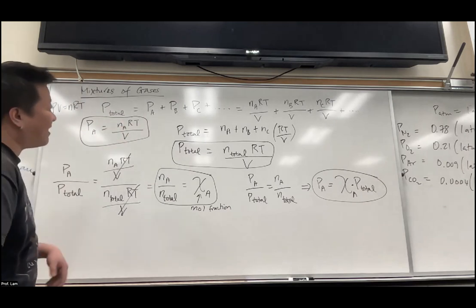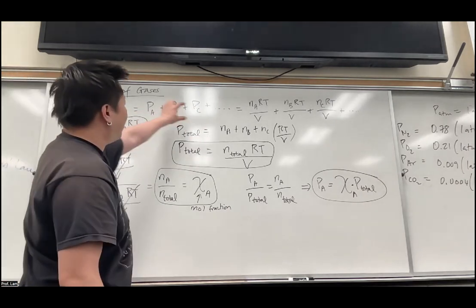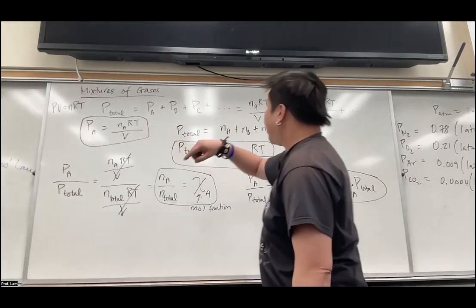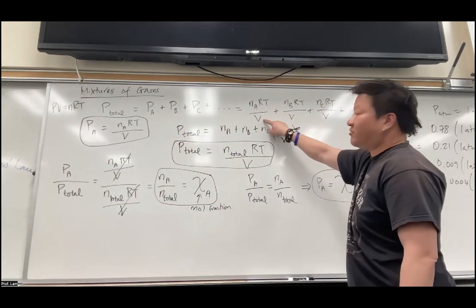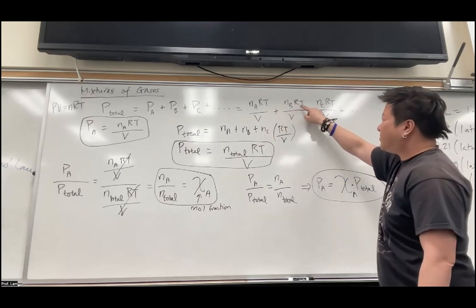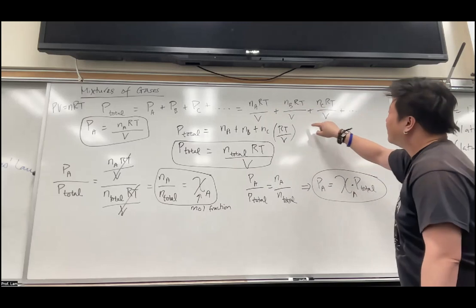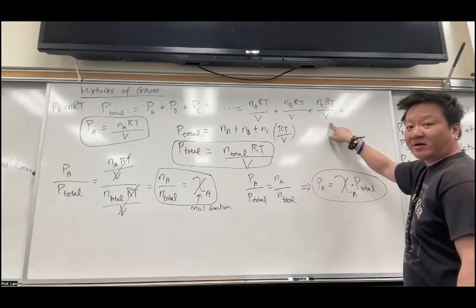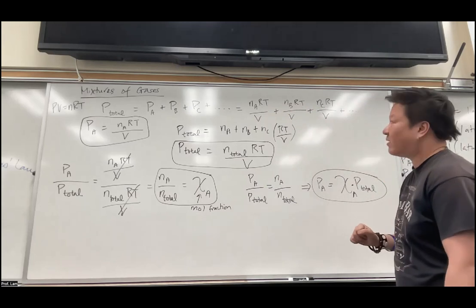Okay, so once we have that, we can expand on this top equation here. So P total is moles of A times RT over V, plus moles of B times RT over V, plus moles of C times RT over V, and so on, okay?